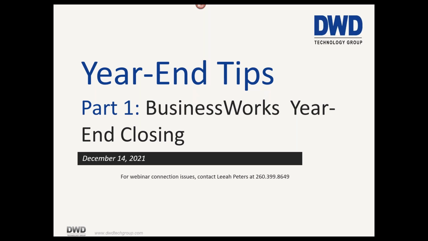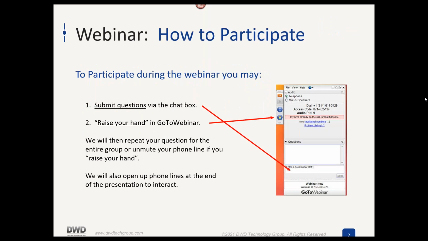That means general ledger, accounts payable, receivables, and inventory. Then the second half of the presentation, after a short intermission, will focus predominantly on the payroll module. So if you are not using BusinessWorks payroll module, you are welcome to leave the webinar at the end. Or if you want to stick around, feel free, and we'll just continue rolling.